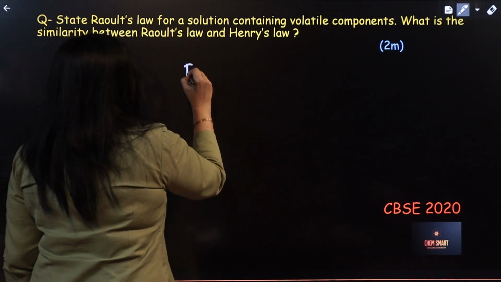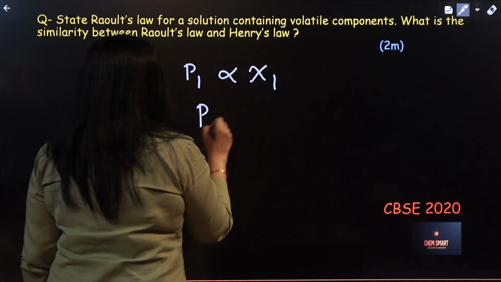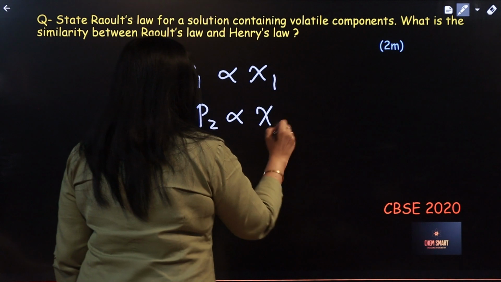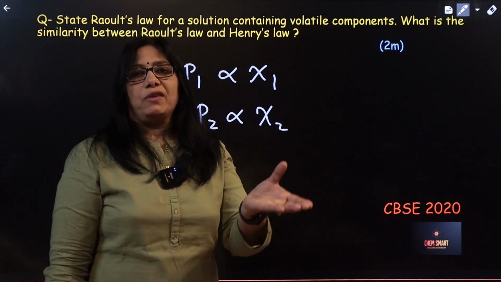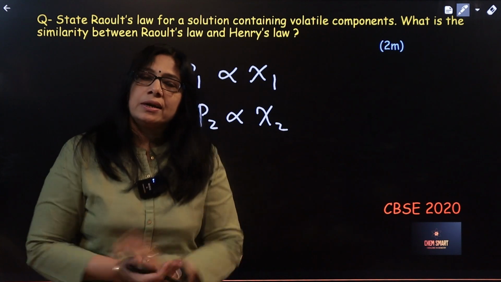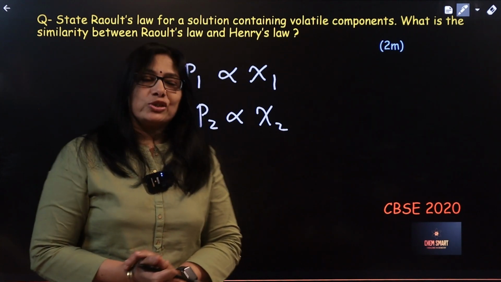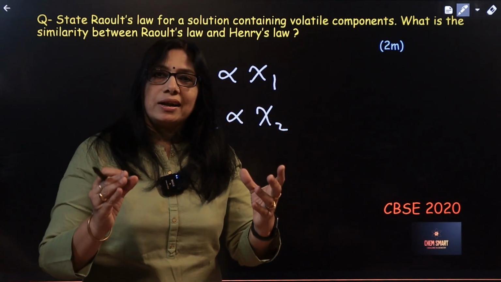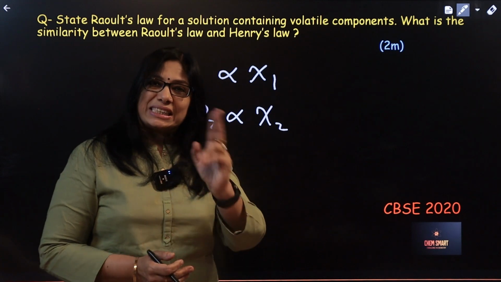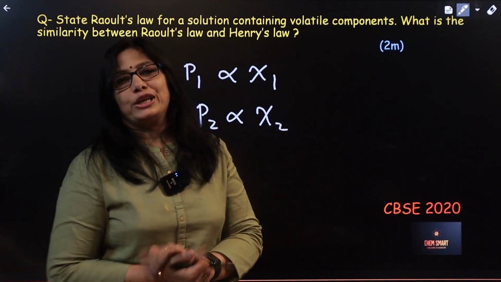Then we can say P1 is directly proportional to chi1 and P2 is directly proportional to chi2. It is always better to write the mathematical form also when you state the law, if you aim for perfection. Clear? So, for a solution of volatile liquids, the partial vapor pressure of each component in the solution is directly proportional to its mole fraction.